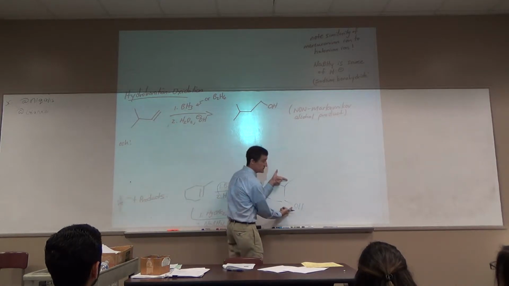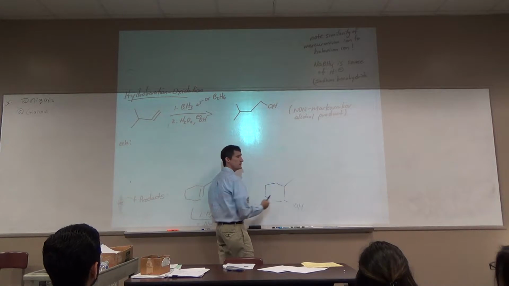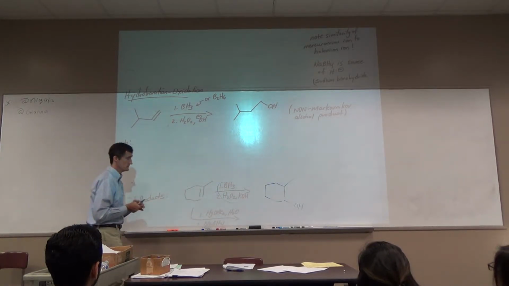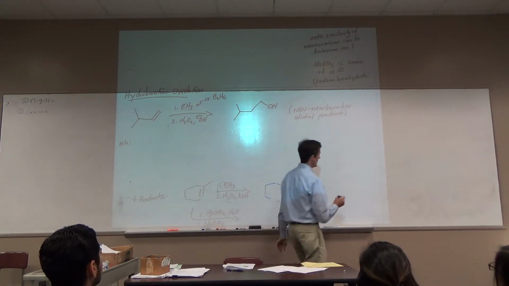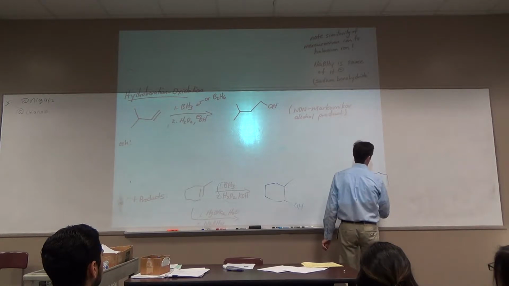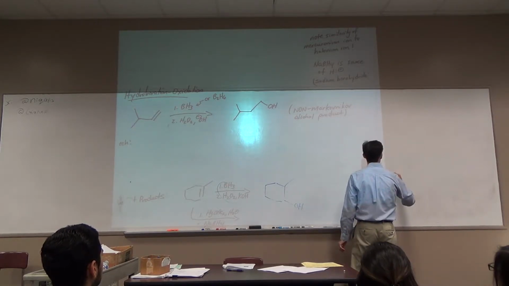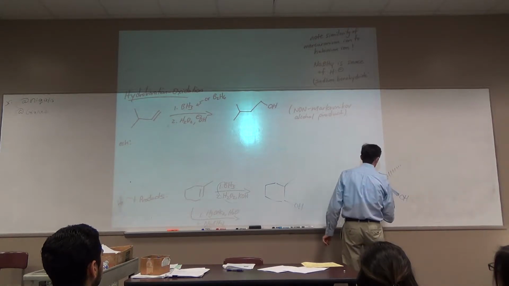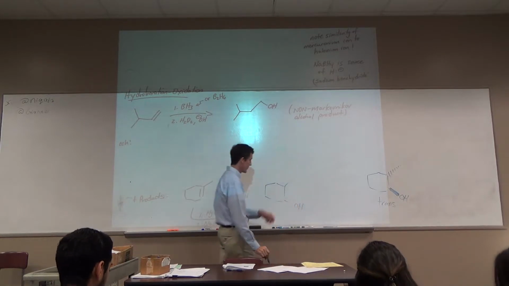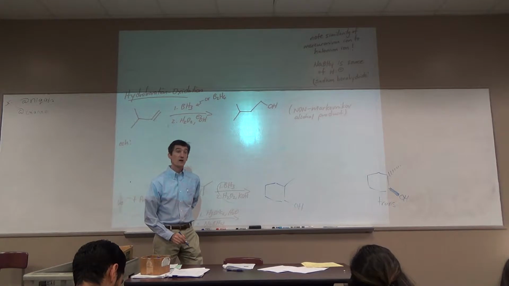Well, these two groups can be cis or trans. Rings, two groups, cis or trans. Are they going to be cis or trans? They're going to be trans. We'll explain why. It's all in the mechanism.